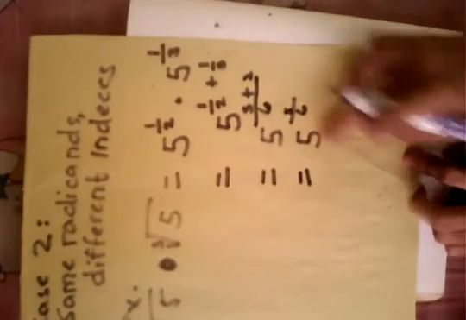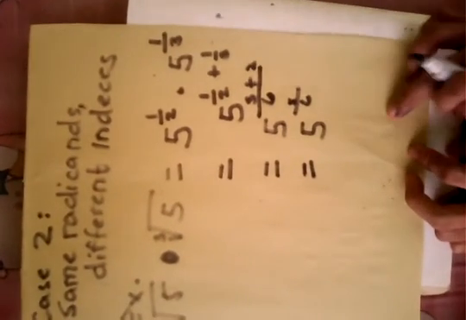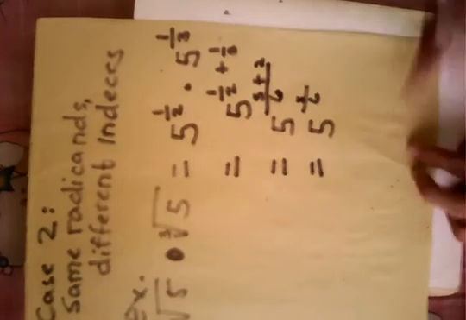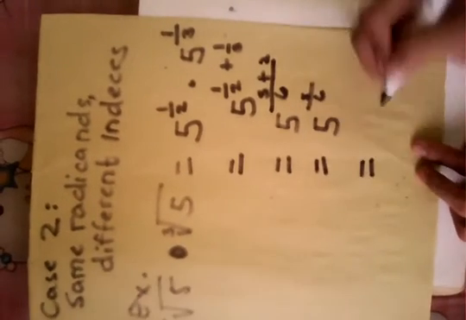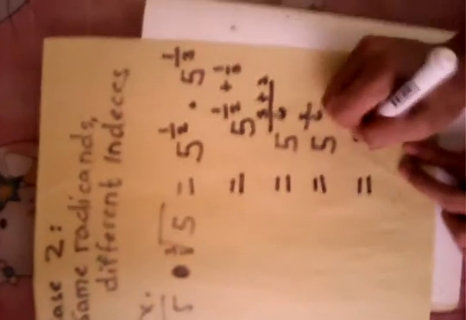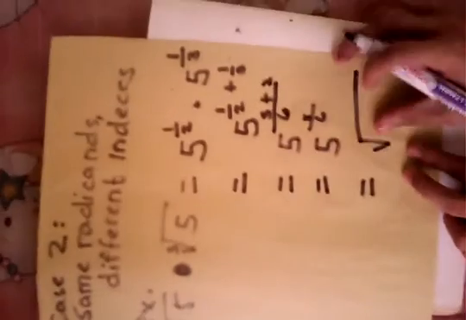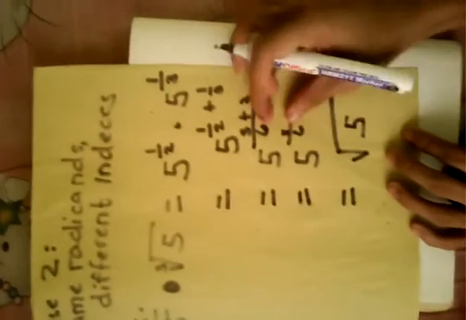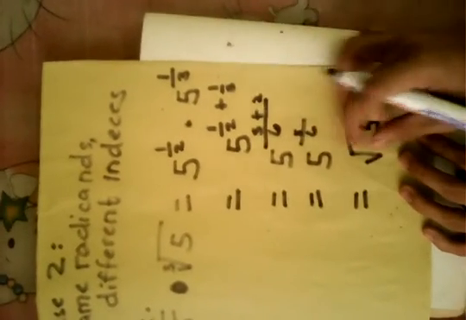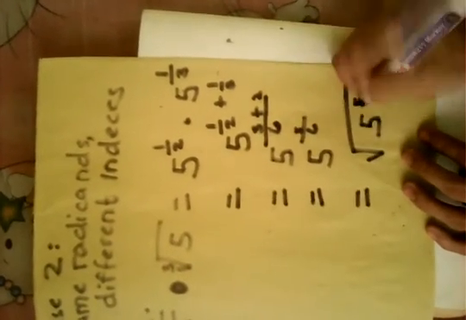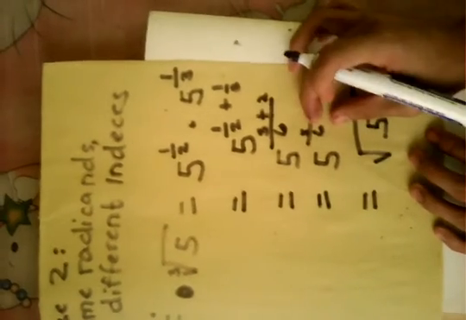Then after we get the exponential form, which is 5 raised to the power of 5 over 6, we will transform it into a radical form. How? Just put a root, then copy the radicand, then put the exponent and the index. So our exponent is 5 and our index is 6.